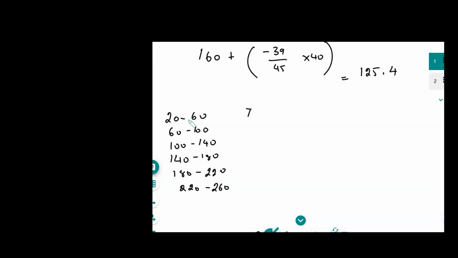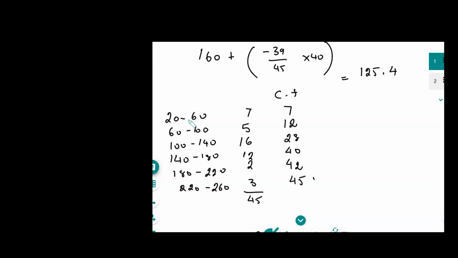The frequencies given are 7, 5, 16, 12, 2 and 3. When I add everything, I get 45. Now the cumulative frequency is 7, 7 plus 5 is 12, 12 plus 16 is 28, 28 plus 12 is 40, 40 plus 2 is 42, 42 plus 3 is 45.